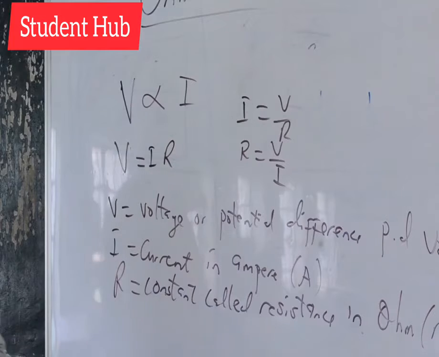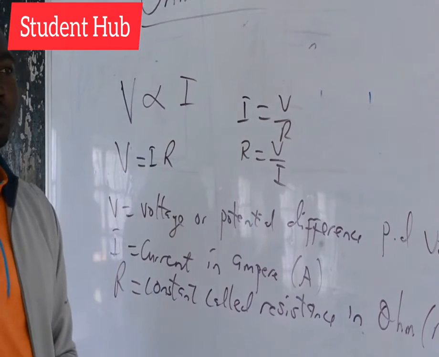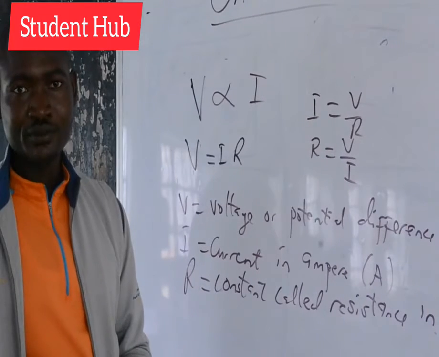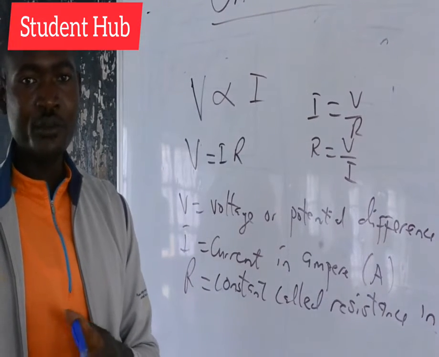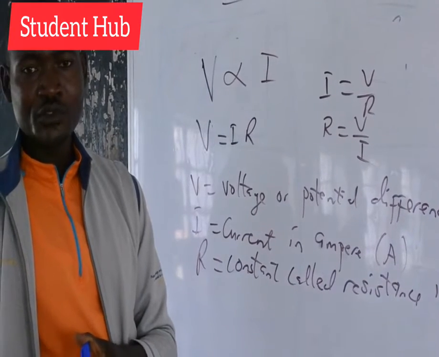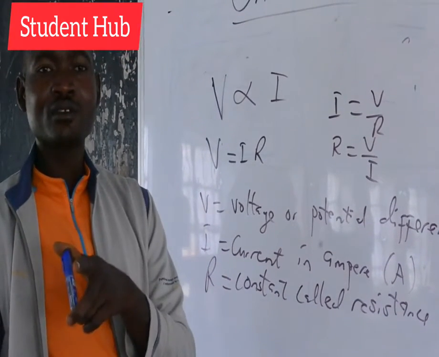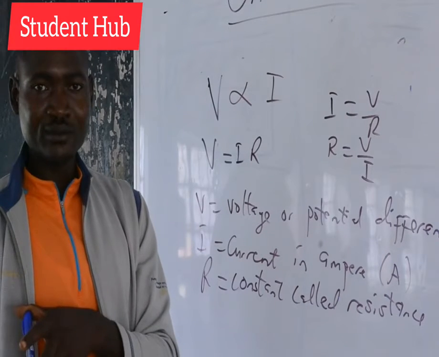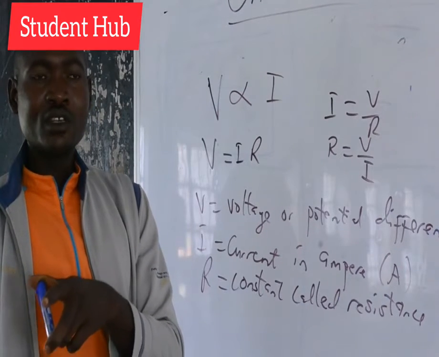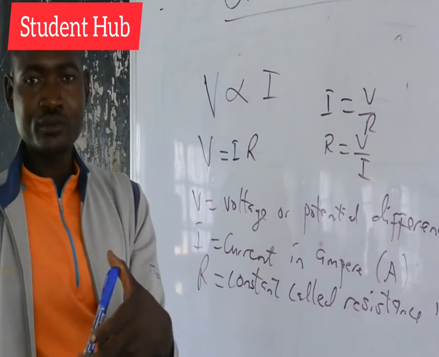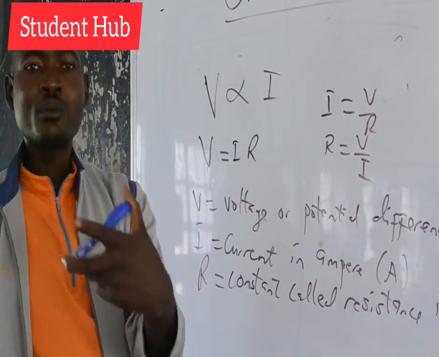In Ohm's law, there are some materials that obey Ohm's law, and these materials are called ohmic materials. Since we say provided other physical conditions such as temperature are kept constant, it means any conductor obeys Ohm's law.